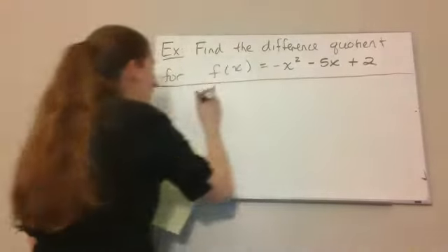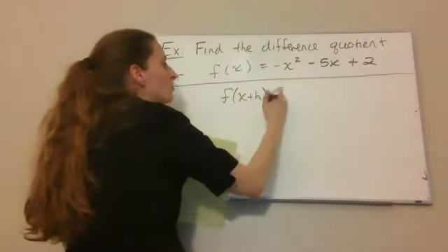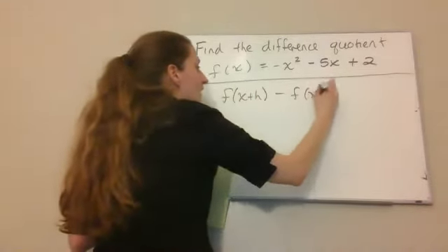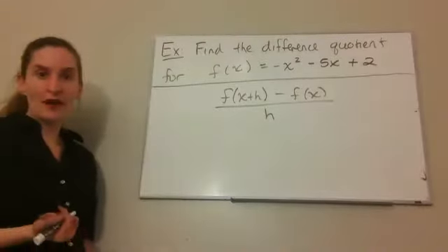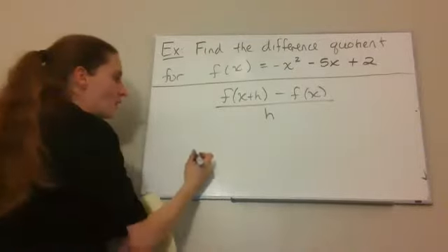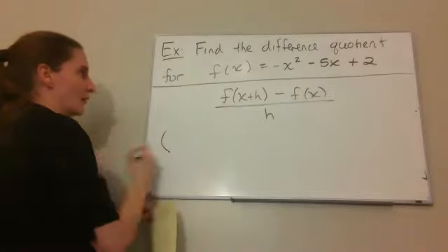So let's remember again, what is our definition? F of x plus h minus f of x all over h. That is what we need to try to find. So let's do that. F of x plus h, again, I'm going to group it in some parentheses.